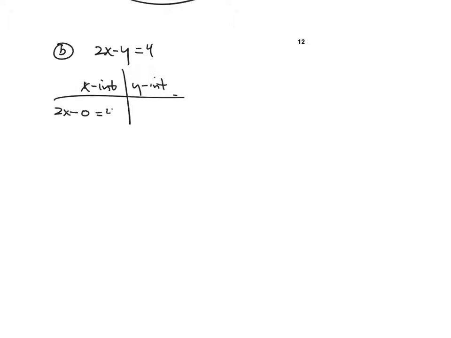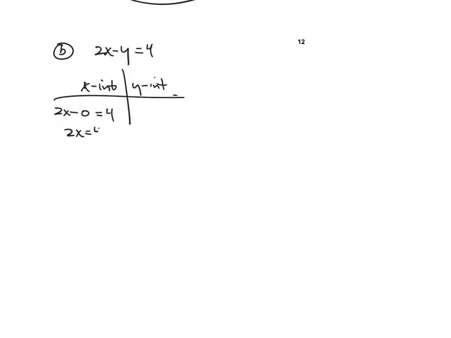So part B was 2x minus y equal 4. So my x-intercept, my y-intercept. So I'll take 2x minus 0 equal 4.